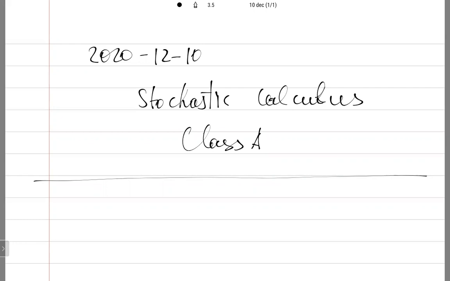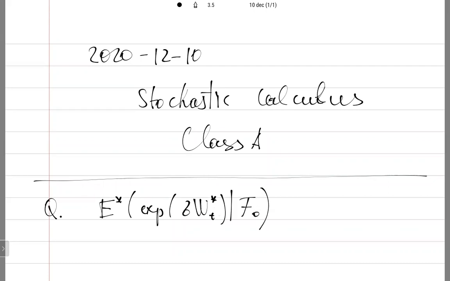Yes, yes. So the expectation under star of the exponent of sigma times the Wiener process at t, given F0, is equal to the exponent of sigma squared over 2 t, right?